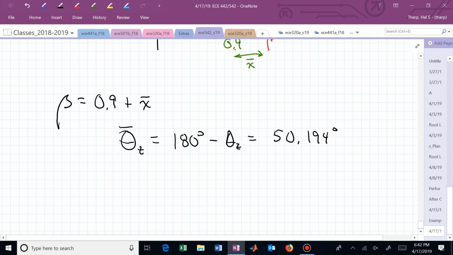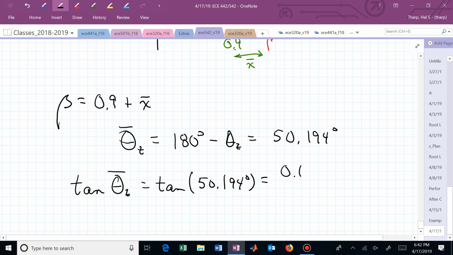And I know that the tangent of that theta sub z bar is opposite over adjacent. The opposite, the vertical height, was 0.1, and the horizontal was my x bar.